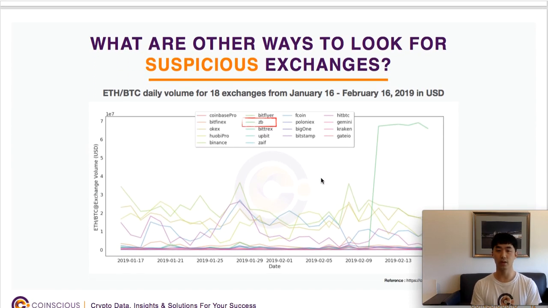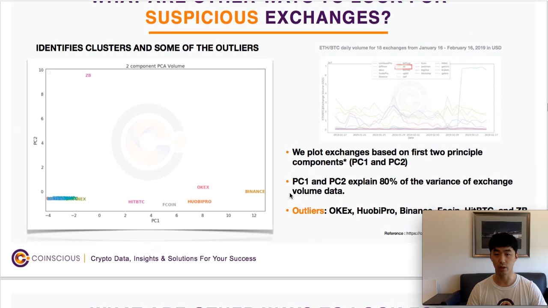For a second example, we can look at the ETH to BTC daily volume for those 18 exchanges, from January 16th to February 16th. Here we plot the exchange volumes, and there's one exchange volume curve that sticks out, from ZB. So we look into what's going on there.